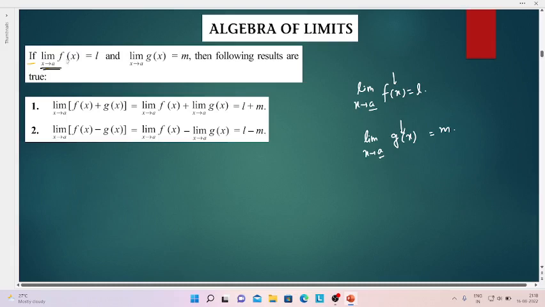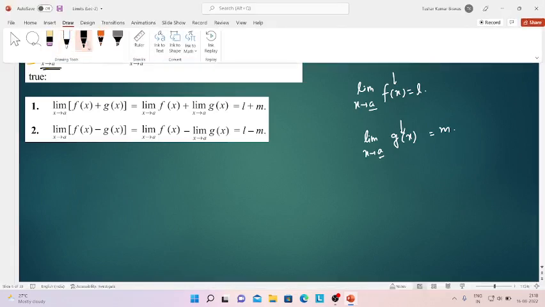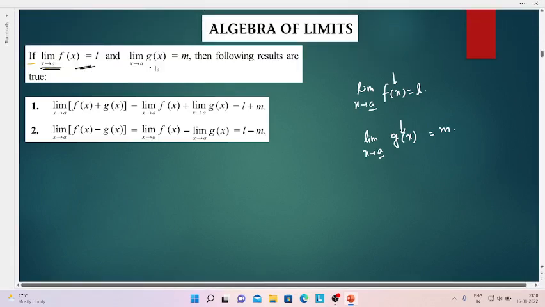Okay, so limit of f(x) is equal to L and limit of g(x) is equal to m. Then the following results hold, right? Which are the results?